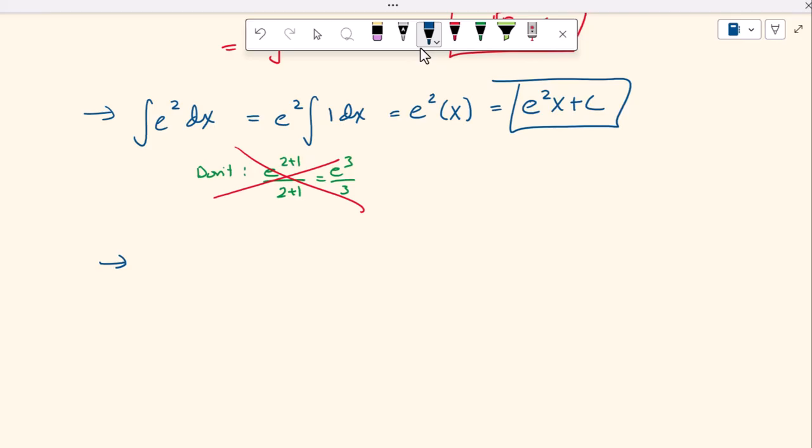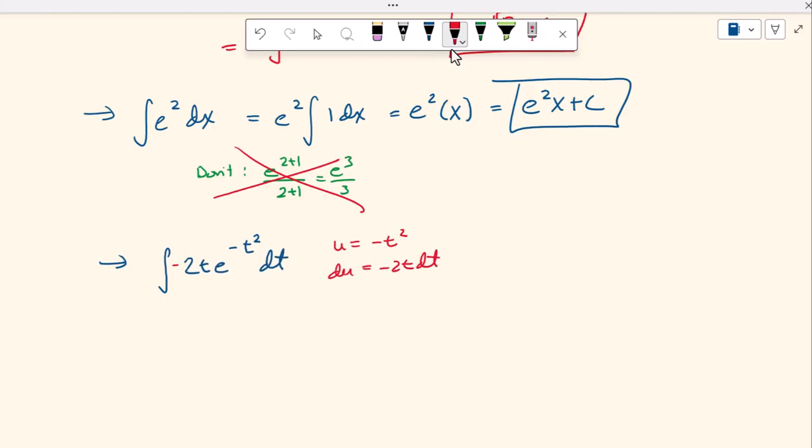Okay, let's look at another one. Let's look at the integral of 2t e to the negative t squared dt. Again, let's go with u to be the exponent to see what happens. du is negative 2t dt, and I have that.